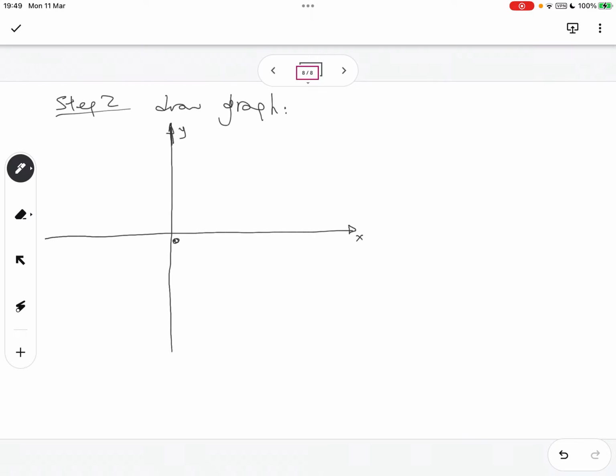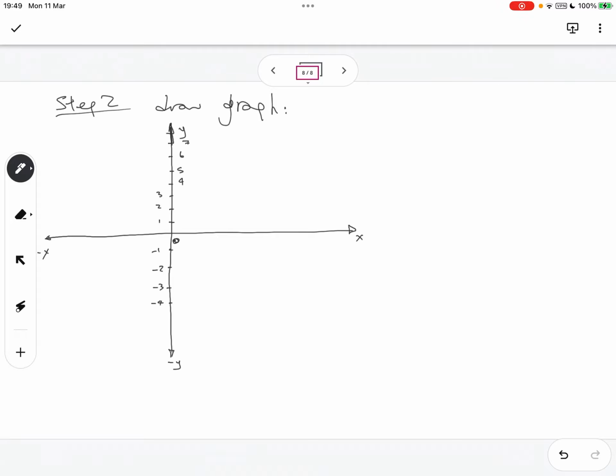I'll start off by saying maybe the highest point on our y-axis can be 5. So we'll start there, 1, 2, 3, 4, 5, 6, 7. And then we can do the same, -1, -2, -3, -4. But we'll just stop there, right?